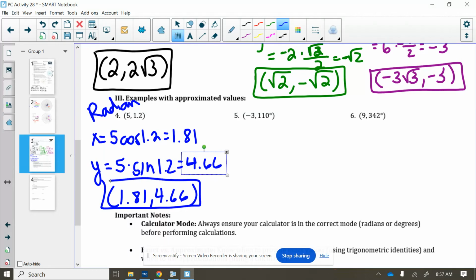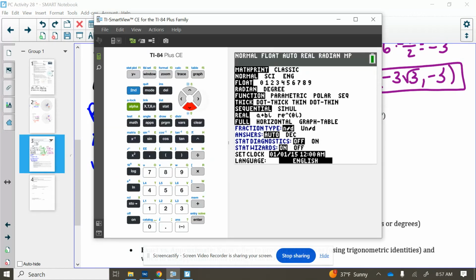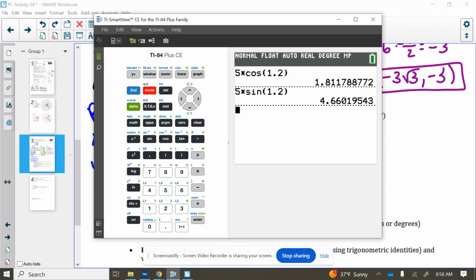Now, the next one, notice, is in degrees, so I want to make sure I flip my calculator back to the correct mode. This time I want to be in degree mode. And again, I'm going to do my r value times the cosine of my angle, my r value times the sine of my angle. So 110.